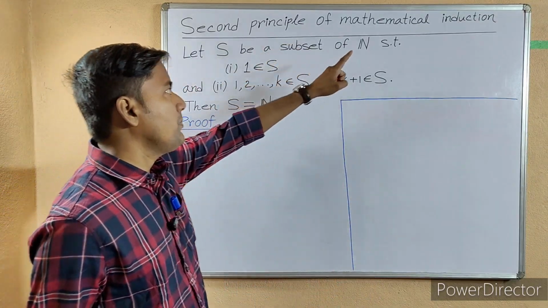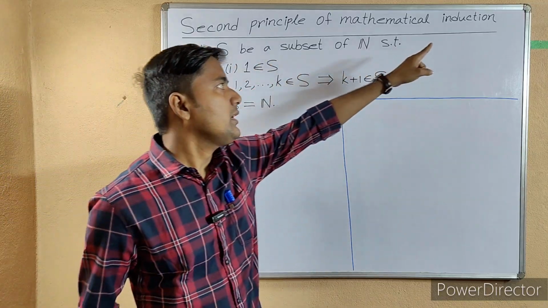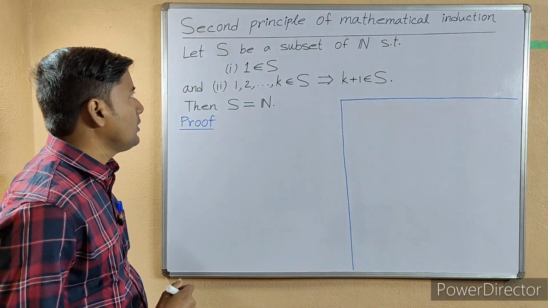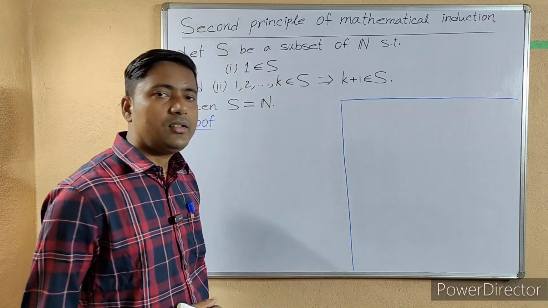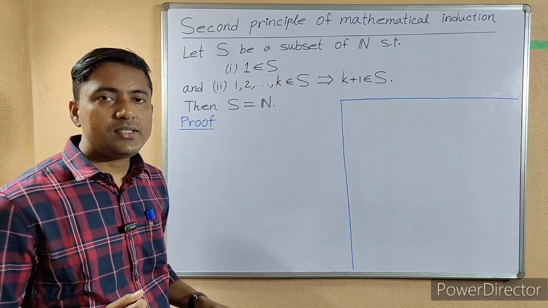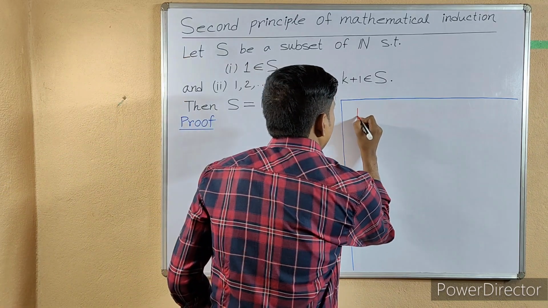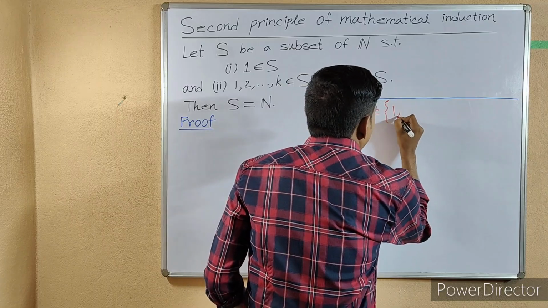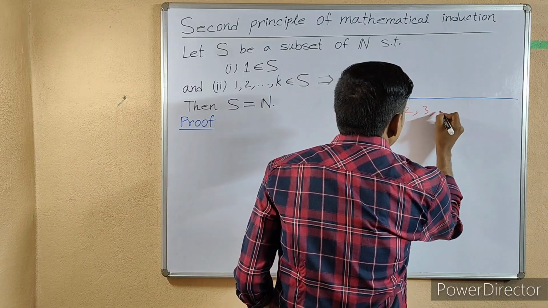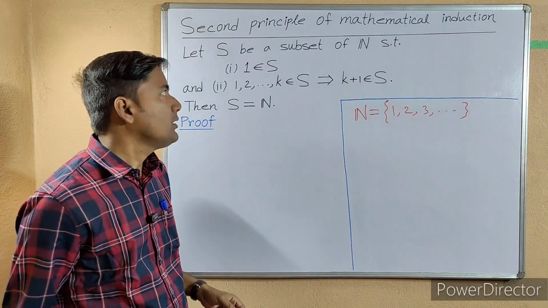Second principle of mathematical induction. Let S be a subset of N. Here N means the set of all natural numbers, that is N equal to 1, 2, 3, and so on.